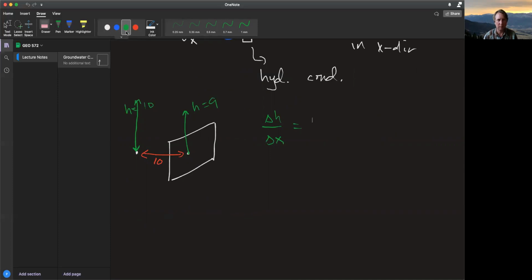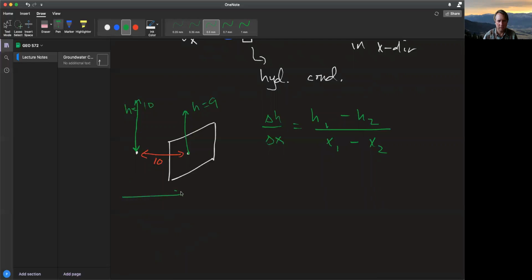The gradient, by definition, is H1 minus H2 over X1 minus X2.